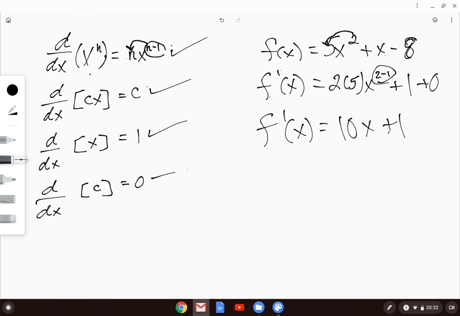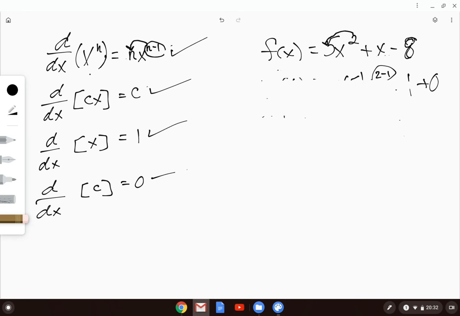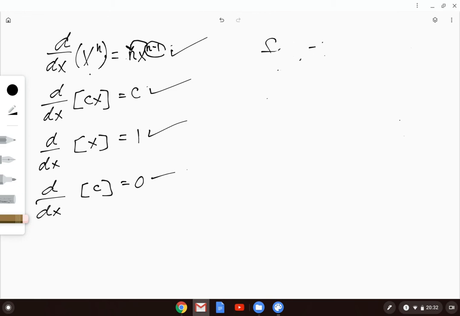Okay, so these rules that I'm showing you will work with all kinds of polynomials, not just with these that are quadratic equations that we see here. So for example, if I had a different kind of polynomial that was f of x equals 2x to the 4th power plus 5x to the 3rd power plus x squared plus 2x plus 3, okay?